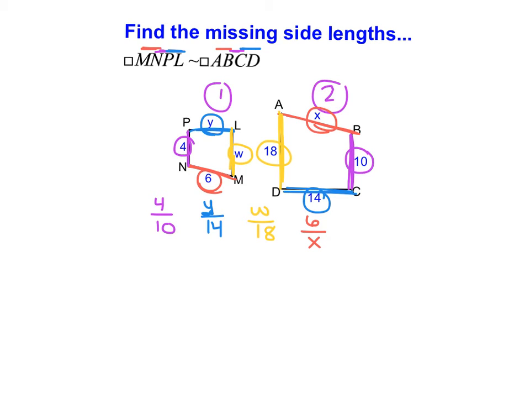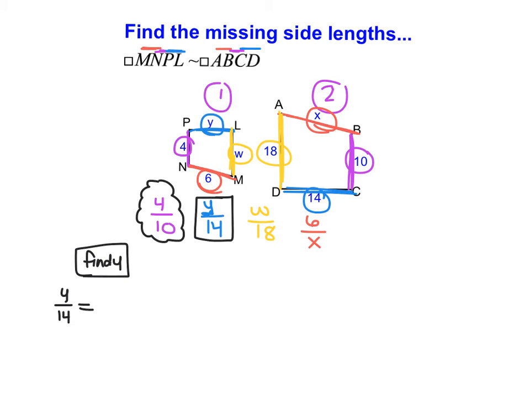So let's start by deciding which variable we want to find first, and I'm going to start with y. So we have y over 14 is equal to, and remember I'm looking for another ratio that just has numbers, no variables, so that I can actually find what y is equal to. And that seems to be this winner right here, 4 over 10.